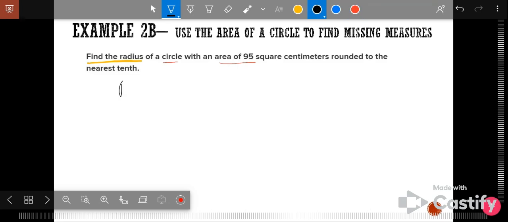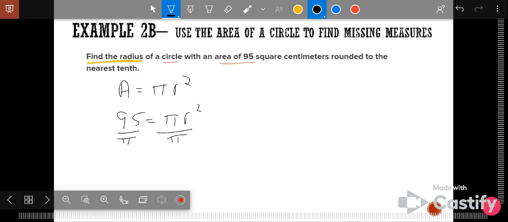So I know the area of a circle is pi r squared. I want to plug that 95 in. And the first thing we need to do is divide, not square root, divide by pi.